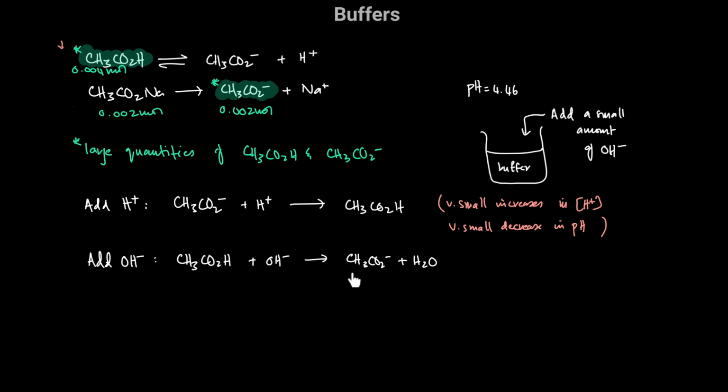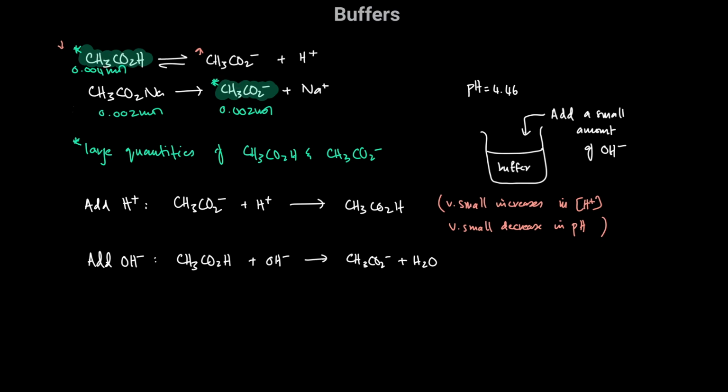And therefore there's a very, very small increase in the concentration of the conjugate base, because we already have a large amount of conjugate base present. Again, these two are part of this equilibrium. A small amount of acid reacts, and a small amount of conjugate base is produced.